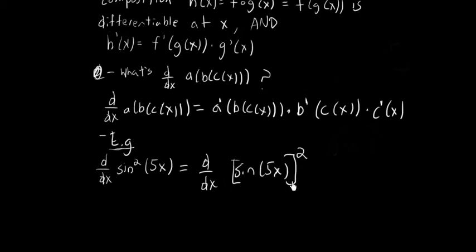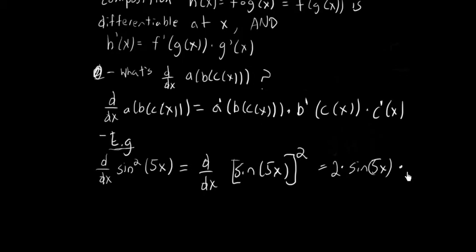So now we want to differentiate this outermost function, which is really x squared, but using the argument sine of 5x. Instead of x, we'll have sine of 5x here. The derivative of x squared is 2 times x, so 2 times sine of 5x. Then this is going to be multiplied by the derivative of sine of 5x.